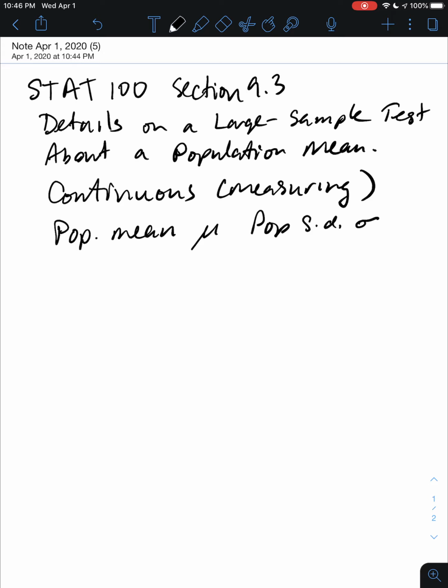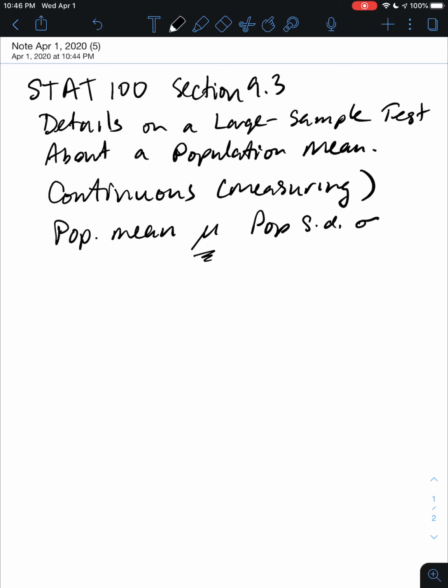We don't know what mu is and we don't know what sigma is. And our goal here is to answer questions about mu. What can we say about the population mean mu? And we're going to do that by looking at hypothesis testing.